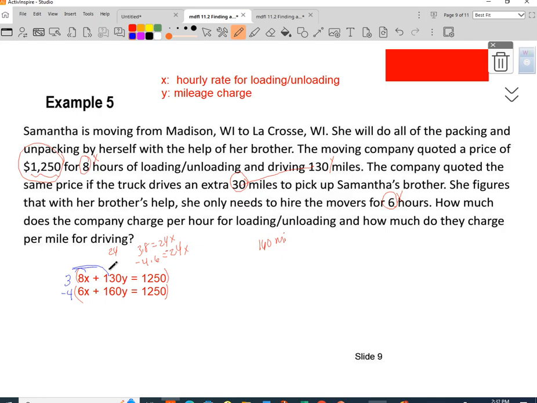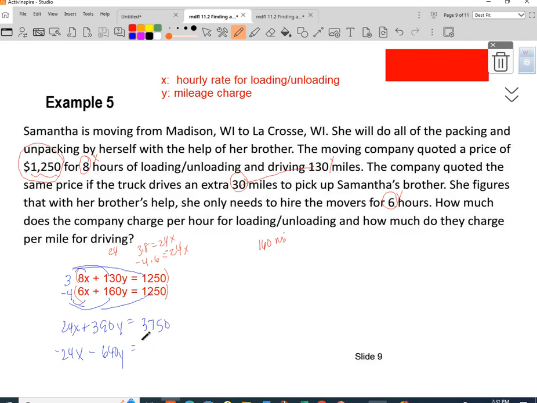So now I'm going to rewrite. That equals 3750, and now I'm multiplying negative 4 by everything in the other one, so negative 24x minus 640y equals $5,000.